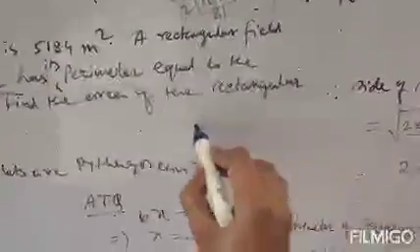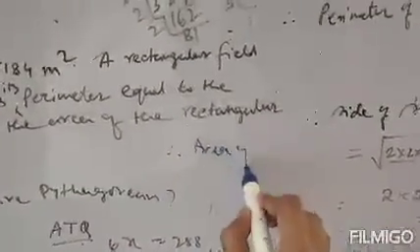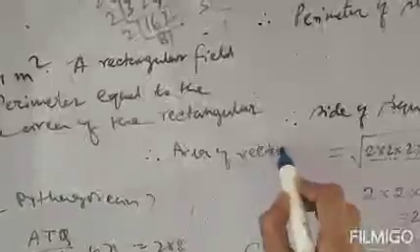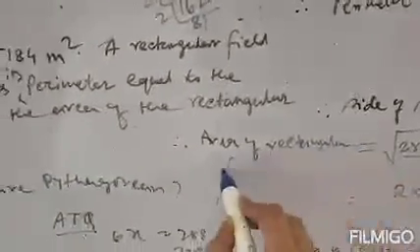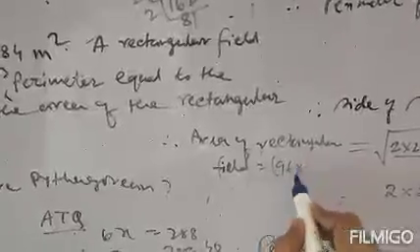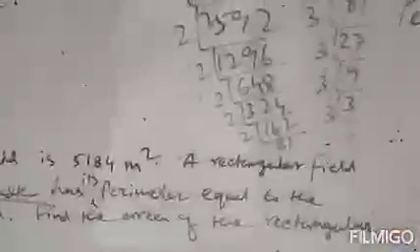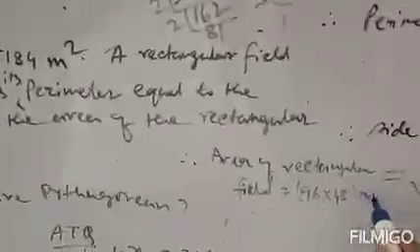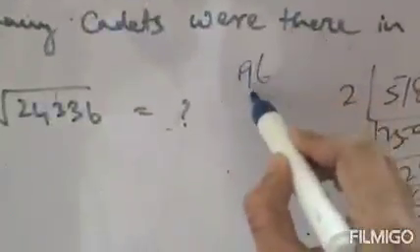Now find the area of the rectangular field. We will multiply length into breadth. This will give me the area of the rectangular field. So area of the rectangular field, the formula is length into breadth, where the length is 96 meter and the breadth is 48 meter. Clear? 96 into 48, it is meter square. So multiply 96 into 48.